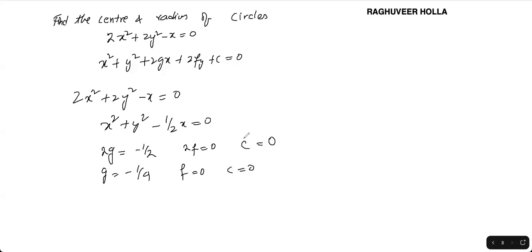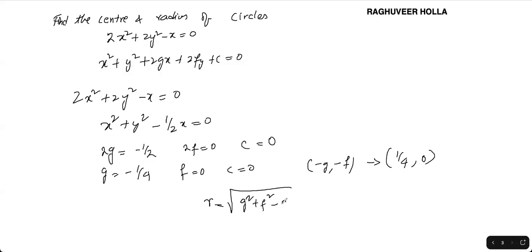So the center will be minus g comma minus f, which is 1 by 4 comma 0, and the radius r is equal to square root of g square plus f square minus c, which is equal to square root of 1 by 16 plus 0 minus 0, which is equal to 1 by 4.